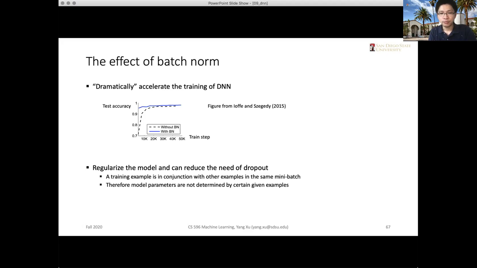So the model parameters are less likely to be determined by certain given examples because all examples are averaged. So the parameters are capturing more general patterns instead of remembering the most outstanding examples.